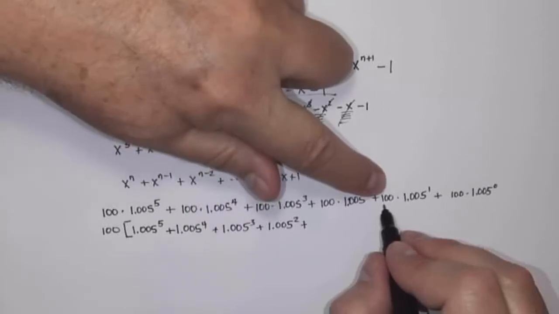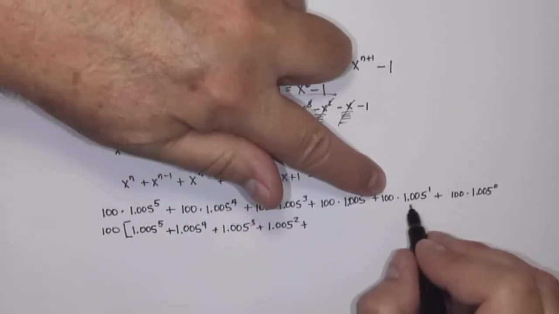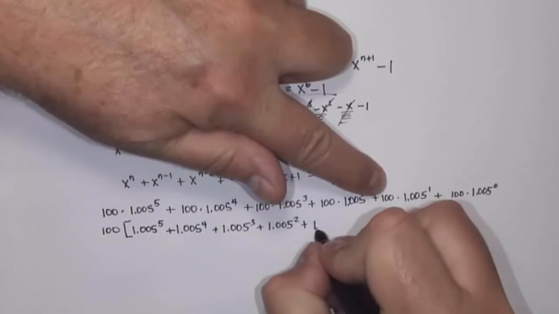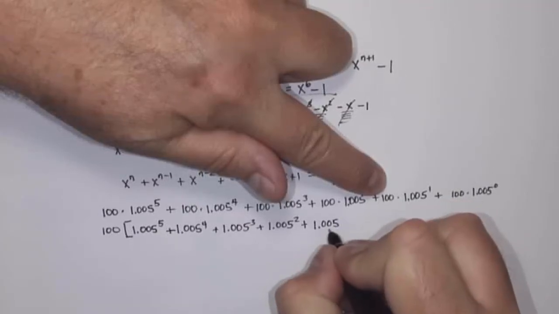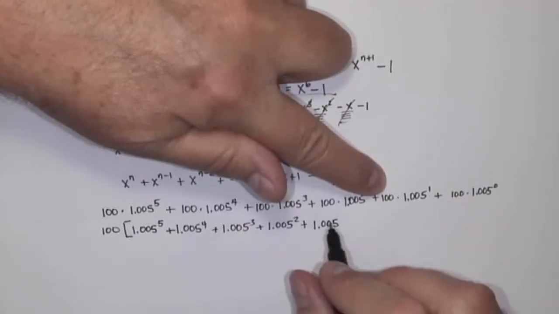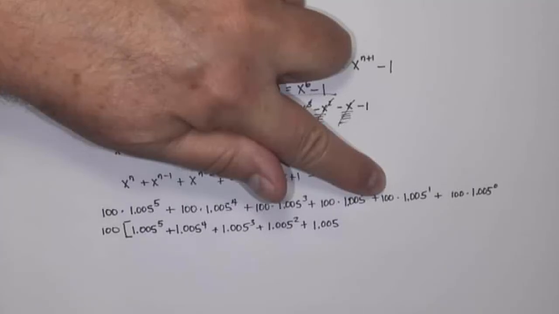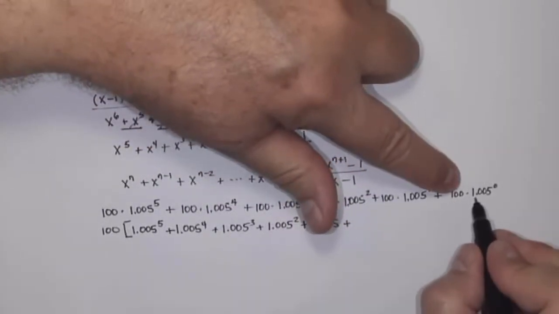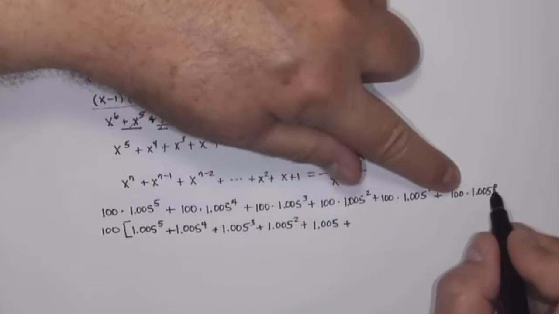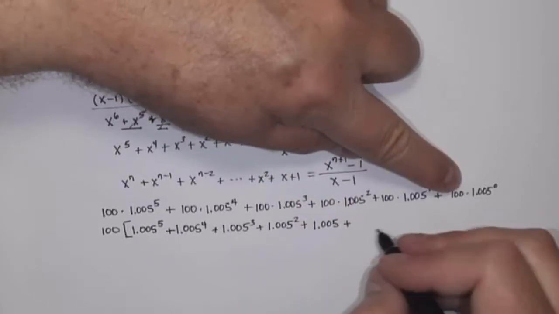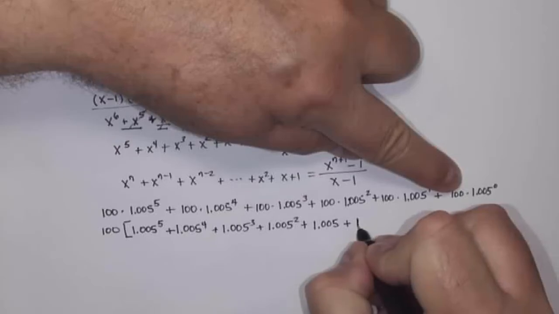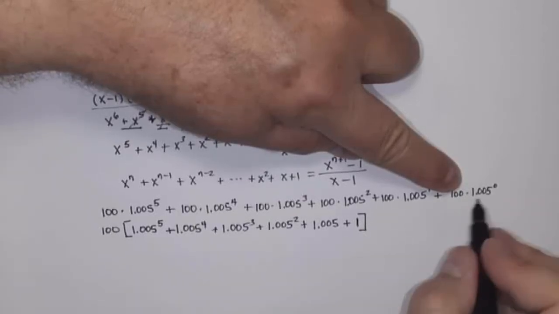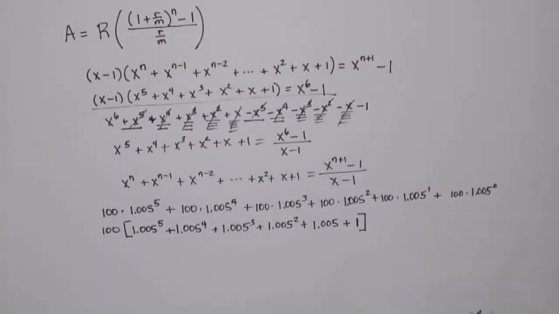Plus, factoring the 100 out of here leaves 1.005 to the 1. But 1.005 to the 1 is just 1.005, so I'm not going to write the 1 power. And factoring the 100 out of here leaves 1.005 to the 0, but 1.005 to the 0 is just 1, so I'm going to write 1 instead of 1.005 to the 0.